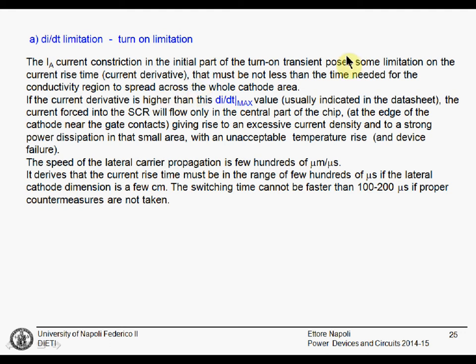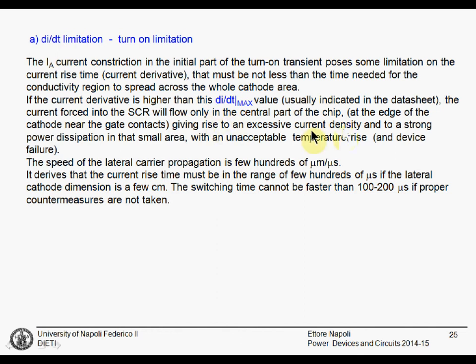We don't want to increase the current so fast that when the current is at its maximum, the entire device is not yet activated. This value is usually indicated in the datasheet. If this happens, the entire load current will flow just in a small portion of the device, in the central part of the chip.